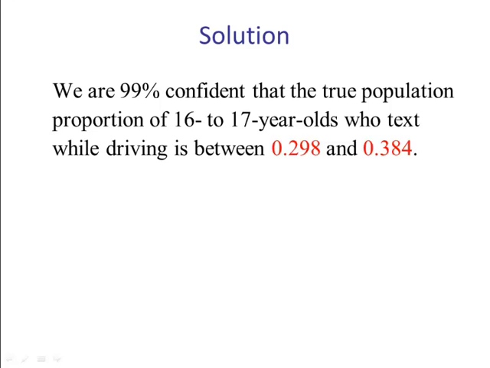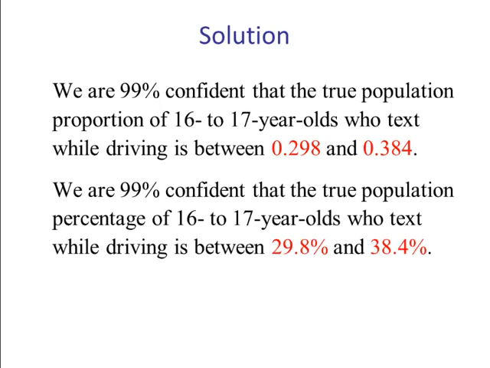We are 99% confident that the true population proportion of 16 to 17-year-olds who text while driving is between 0.298 and 0.384. We can also say we are 99% confident that the true population percentage of 16 to 17-year-olds who text while driving is between 29.8% and 38.4%.